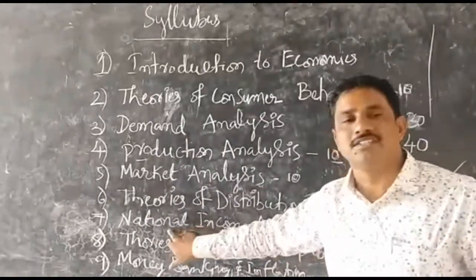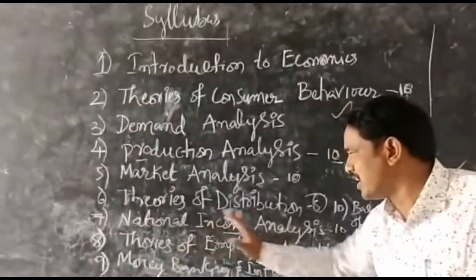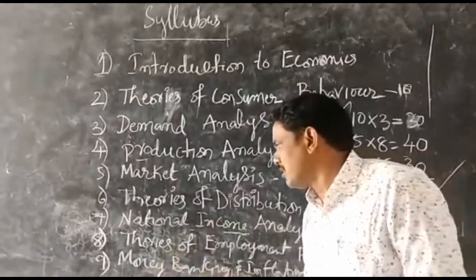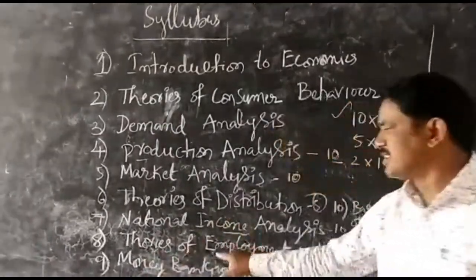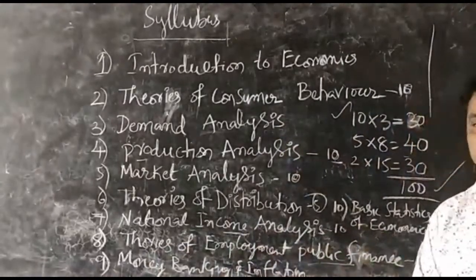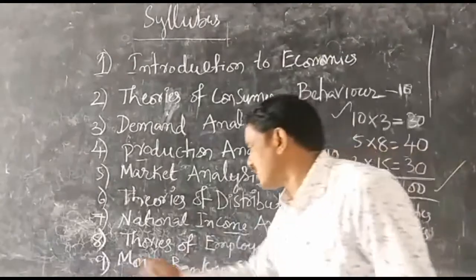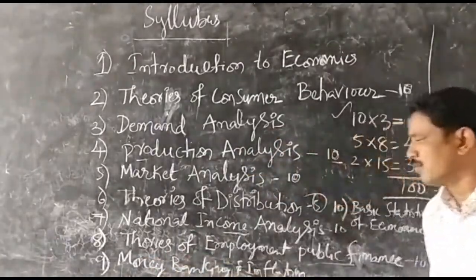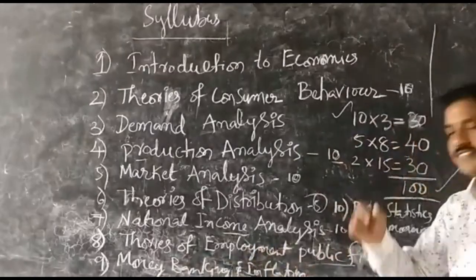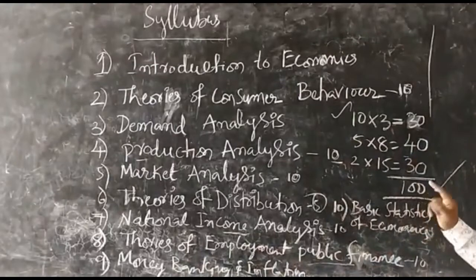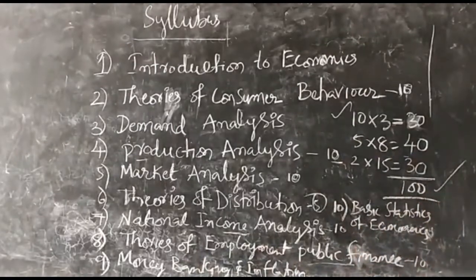The seventh is national income analysis. The eighth is the theories of employment and public finance. The ninth lesson is money, banking and inflation. The last lesson is the basic statistics of economics.